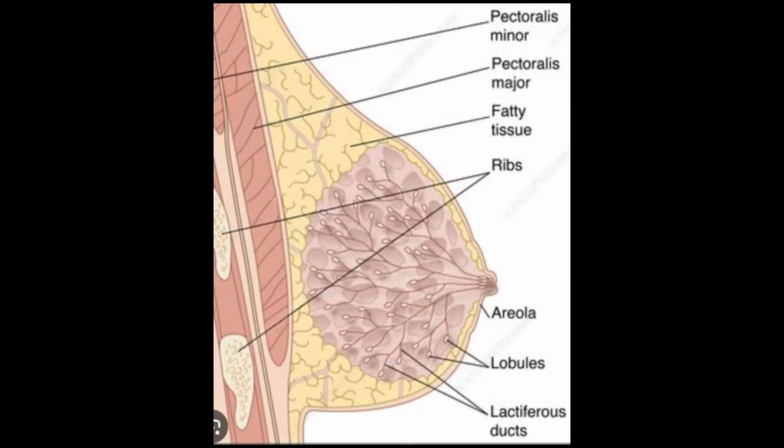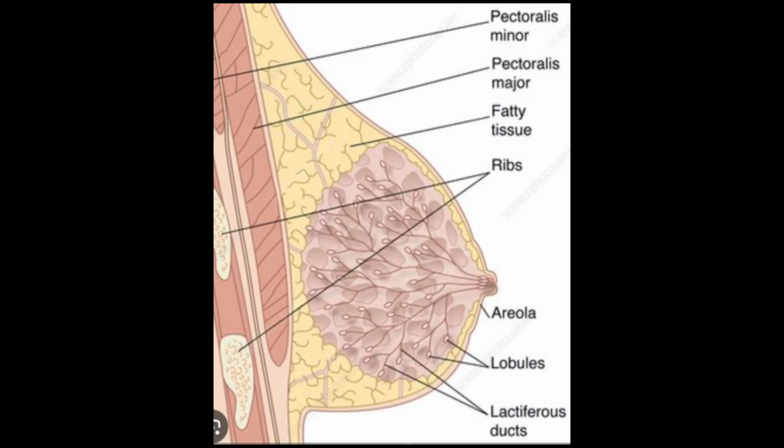On the previous image, I showed you multiple anatomical structures, but that is the revision. Here pectoralis minor and pectoralis major are in view, so you can appreciate these two muscles. Pectoralis minor is the posterior part and major is on the front, and behind that minor and major muscle you can appreciate the ribs.